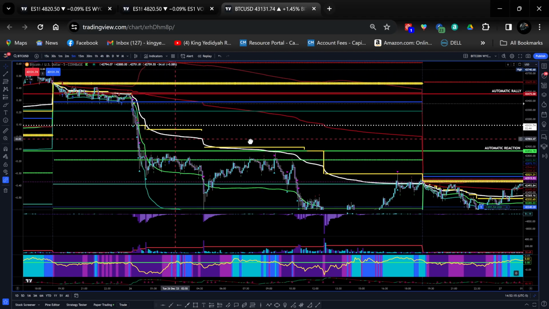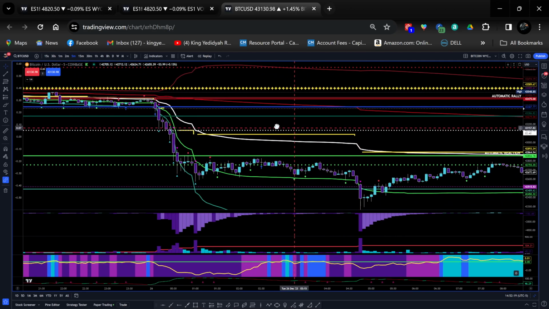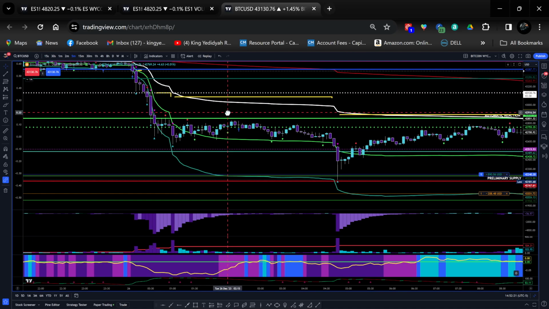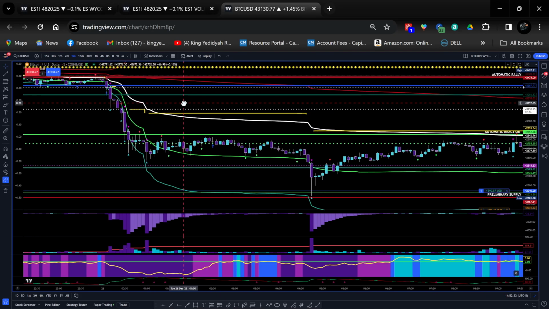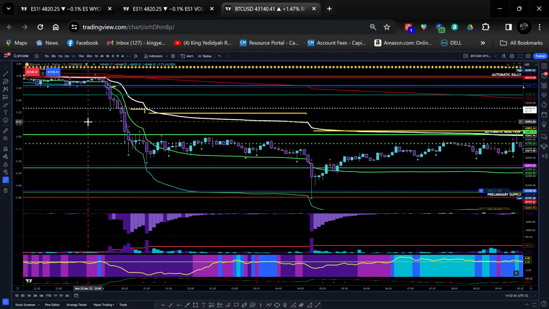All right, so this is what I noticed on Bitcoin. I noticed that when Bitcoin loses this second lower deviation band, that's this green line right here, you get a big flush down. Let me make the chart a little bigger.